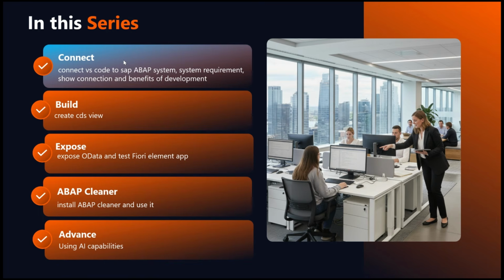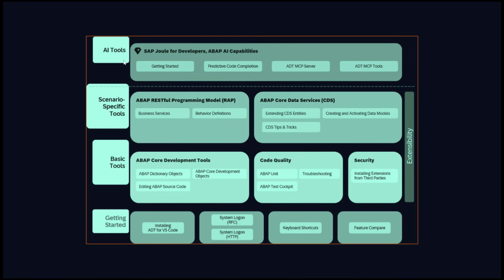Having said that, let's quickly understand what the ABAP development tool for VS Code is. It actually provides efficient and feature-rich development for ABAP code in the VS Code environment. As you see, the VS Code environment is dominantly used more and more day by day in the industry by developers. SAP is trying to bridge the gap for ABAP development with VS Code with the help of this plugin.